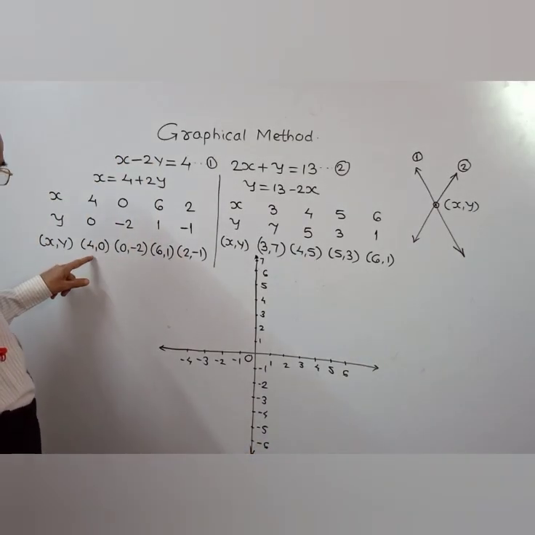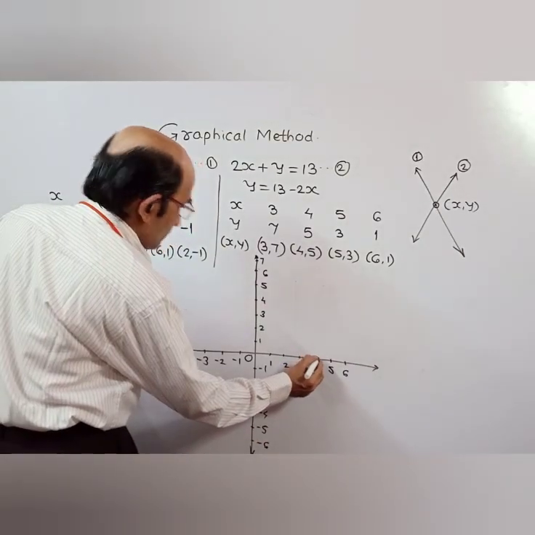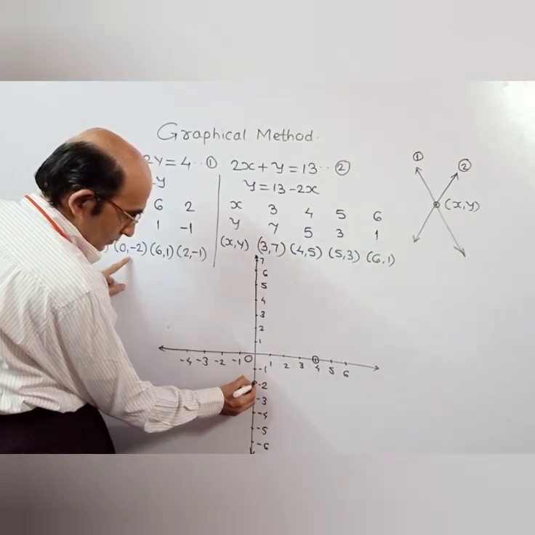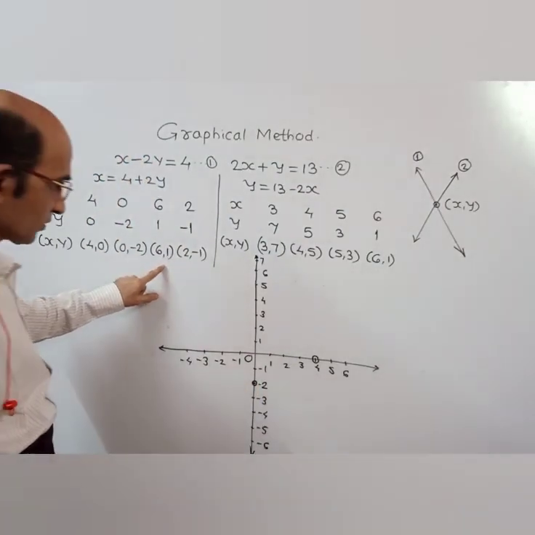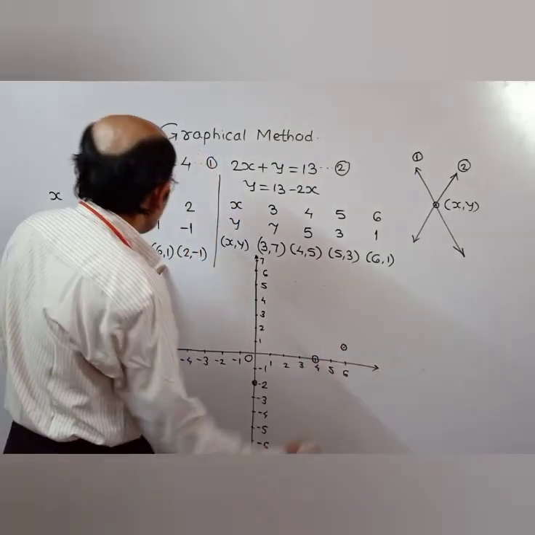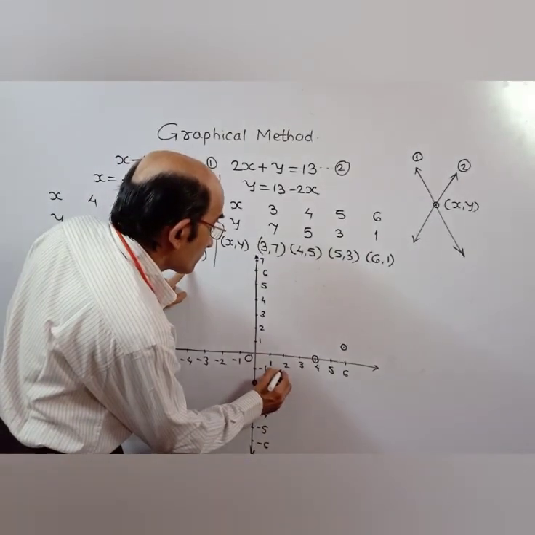So the first point is 4, 0, x 4, y 0. Second, 0, minus 2. Third, 6, 1, x 6, y 1. Fourth point, x 2, y minus 1.